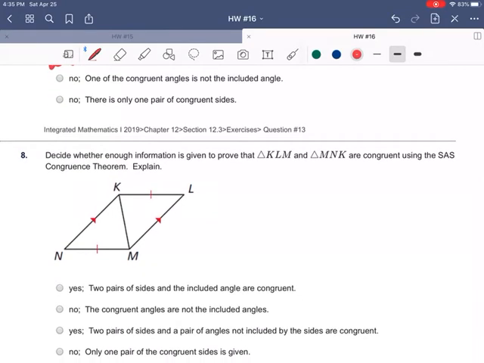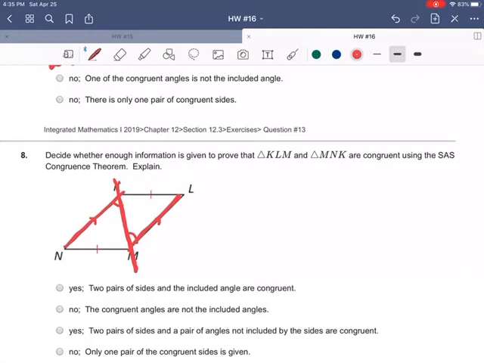Okay, number 8. It's got this arrow on it. That arrow means parallel lines. And if lines are parallel and cut by a transversal, so we have this line parallel to this line cut by this transversal, you know that the angle in between the transversal and the line is congruent to the other line and transversal angle.